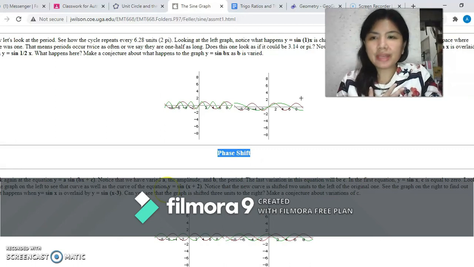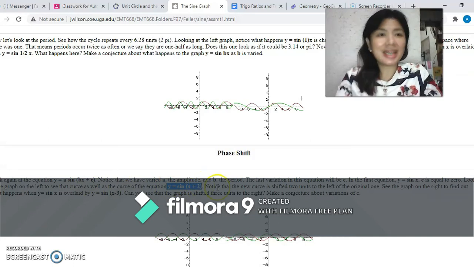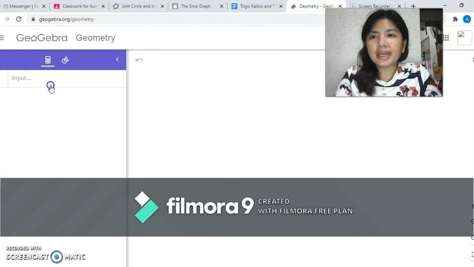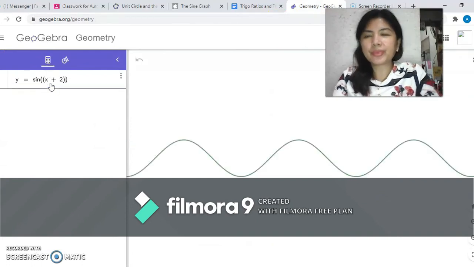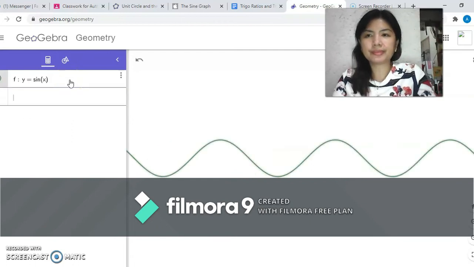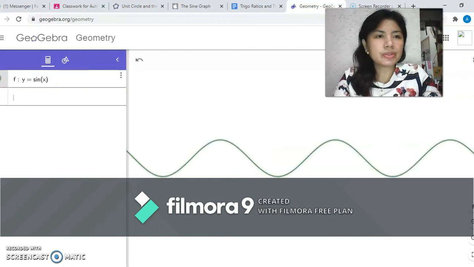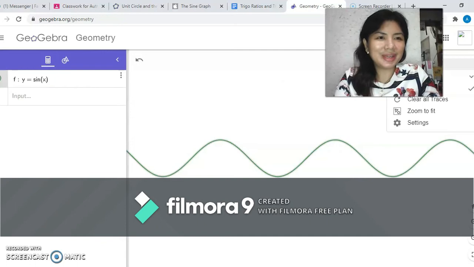Without the C, for example, we just have y is equal to sine x. We can predict that the graph is going to start at the origin. Show the grid here.